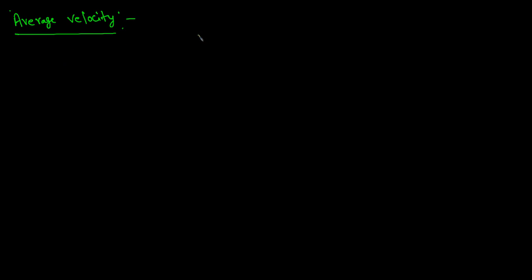Let's say moving in this direction, same displacement and same interval of time, let's say 5 meter, 5 meter, 5 meter, took 1 second each, and they're moving in this direction. In this case, velocity is uniform.